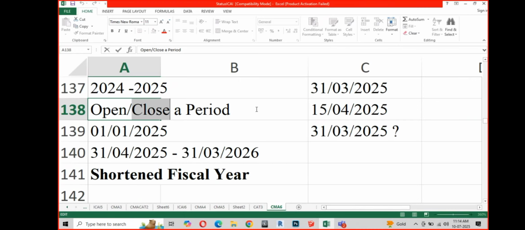Now, for any of the transactional months to be opened or closed, you need to obtain special permissions from your top level management. Only and only then the relevant person, not everybody. The relevant super user or the power user who's given the authorization to make this particular change or allow this particular transactions to happen, only he or she can do this activity.